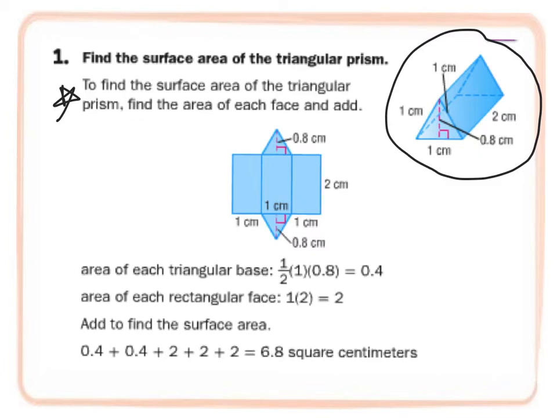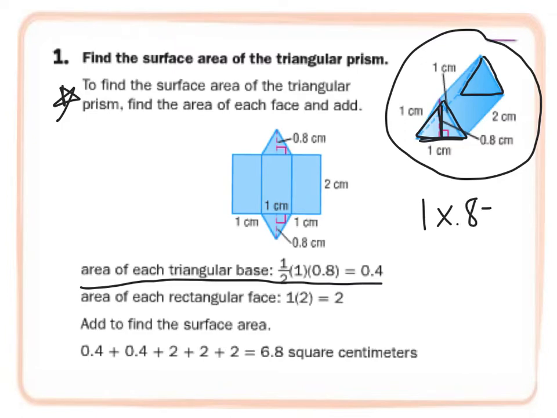As you can see, there are two triangles, one triangle here, one triangle here. I'm just going to worry about my triangles first. I see that it has a base of 1 and a height of 0.8. For the area of the triangles, I'm going to take 1 times 0.8, which is 0.8, and then divide that by 2.